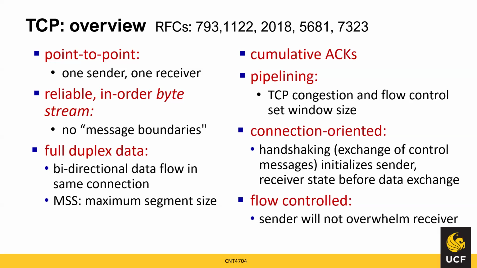Also, we said TCP uses cumulative acknowledgements, like go-back-N, to confirm the received data. It also has a pipelined protocol that allows multiple segments to be sent out before waiting for acknowledgements. And we said it's connection oriented. That means there's some sort of initiation of connection, like a handshake, before data is exchanged between the sender and receiver.